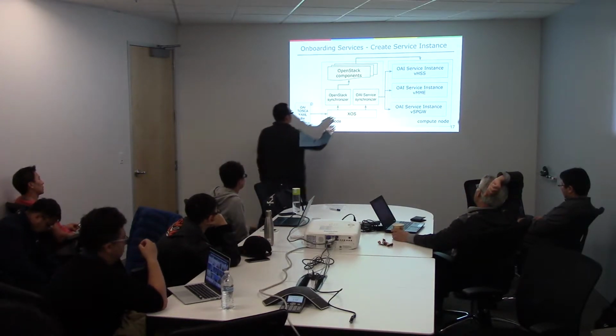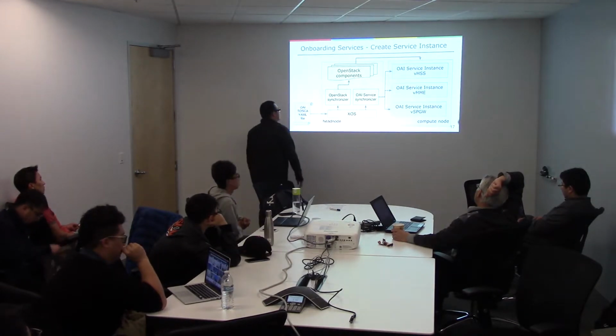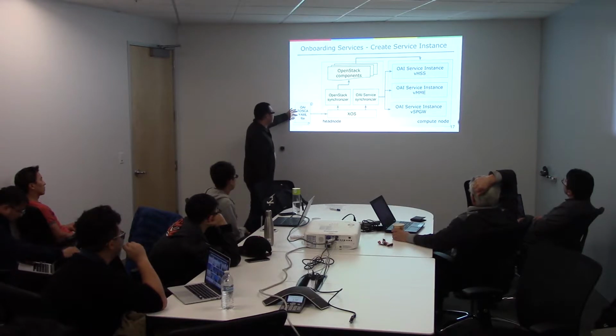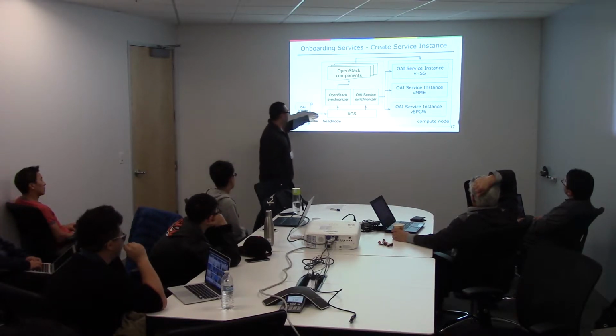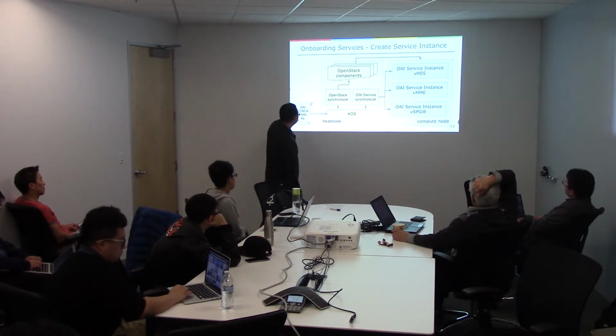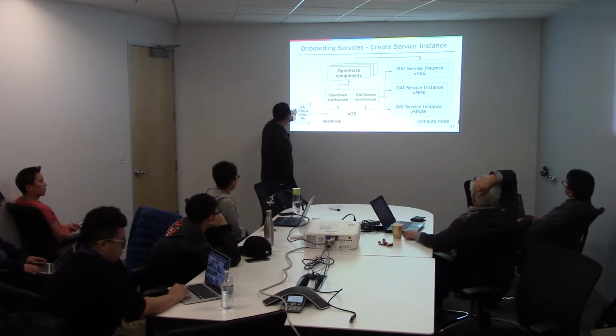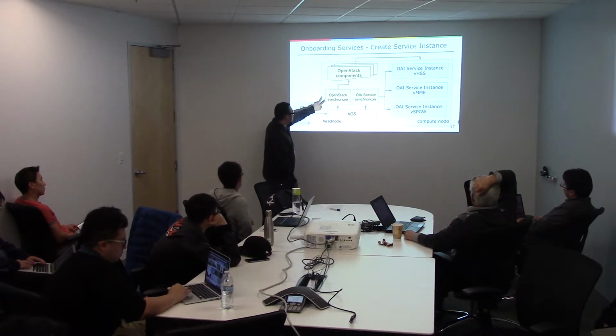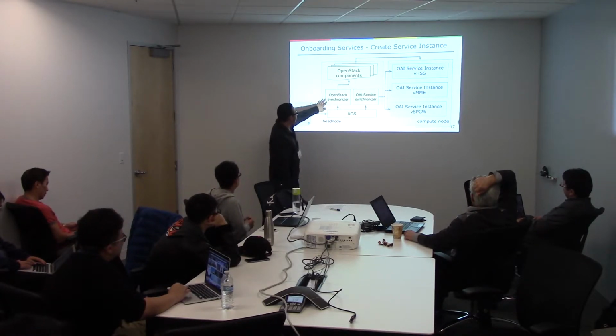And after you have your own service synchronizer, you can write your OAI postcard YAML file, and you can use the postcard API to push this file to the XOS, and then there will be two works to be done.